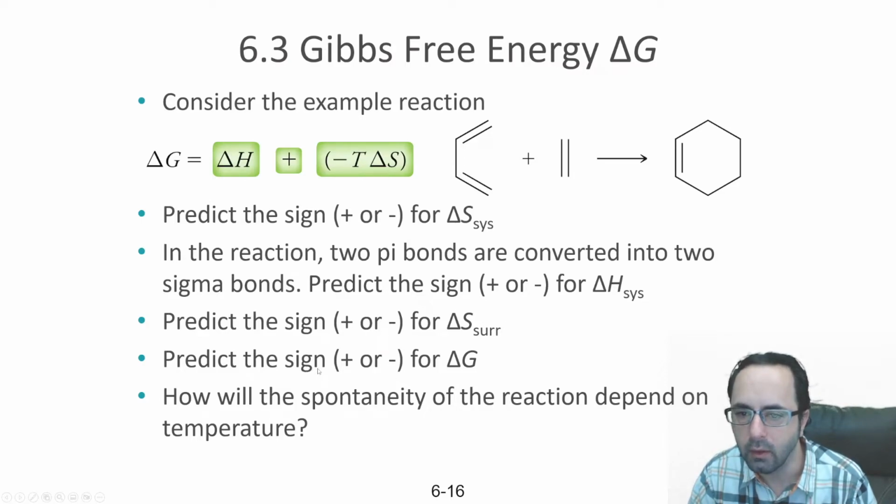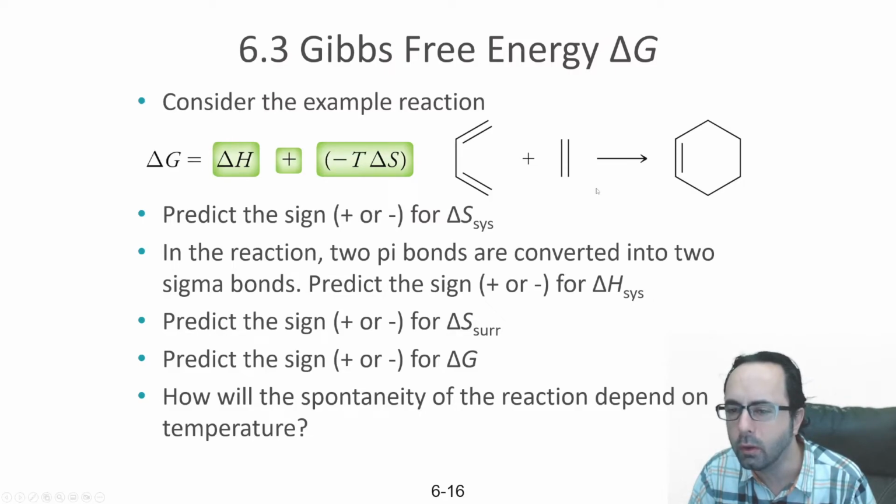So let's think about this example here. Remember, we did do a calculation of delta H. We haven't done any calculations for delta S, and we don't really need them. All we really need to know is the sign of delta H and delta S. Here we can see that in this reaction, bonds were created.